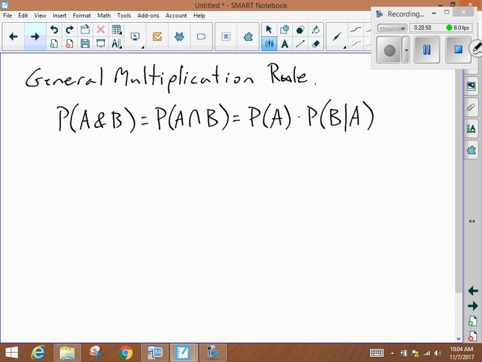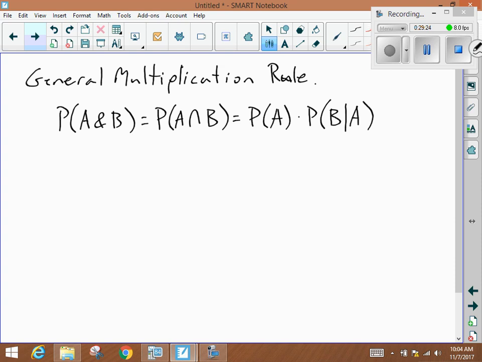Okay. Yay, new formulas. This guy actually is not on your AP exam formula sheet. The other one is. But it's pretty easy to derive it, right? You know what I'm saying?